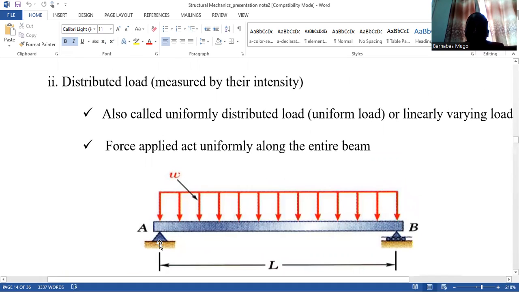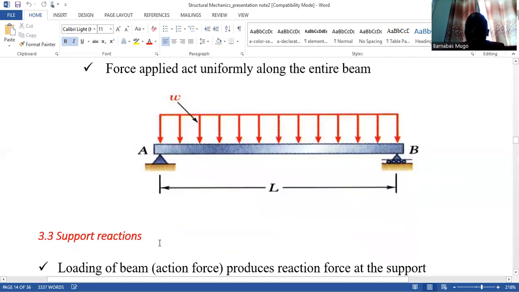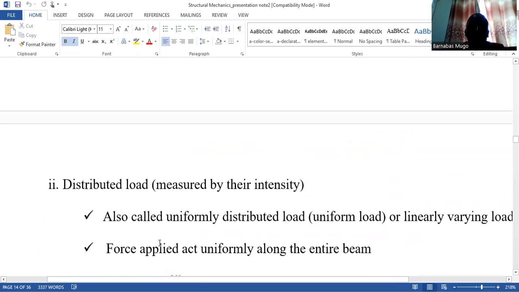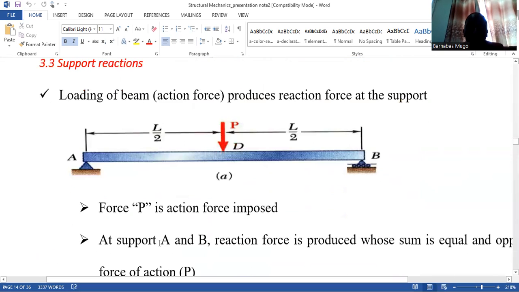This is called a uniformly distributed load, since the weight is being distributed from point A to point B. The force is applied uniformly along the entire beam. So this kind of loading that is not acting at one point, but is acting along the entire length of the beam, is what is termed the uniformly distributed load.